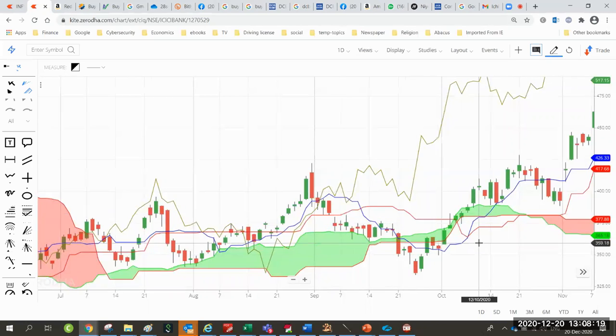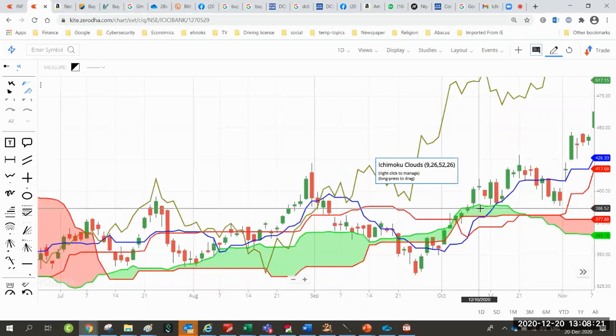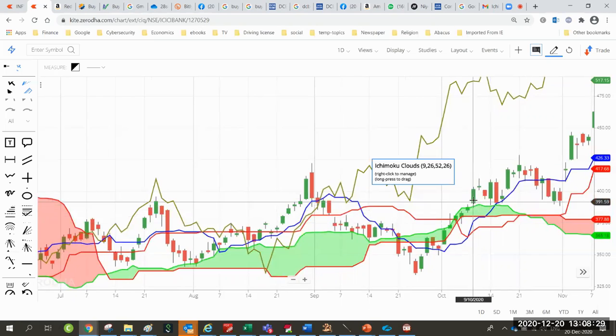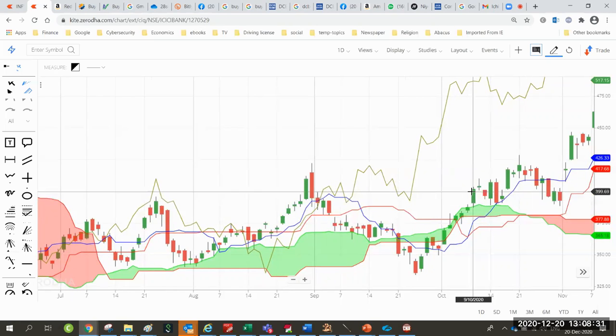Similarly, the day the price goes above the cloud, on this particular day, you have to combine it with the candlestick pattern because there is a quite large bullish signal. If you read Ashwin Gujral's book on day trading, he has analyzed candlesticks very beautifully. He has categorized candlesticks in three categories.